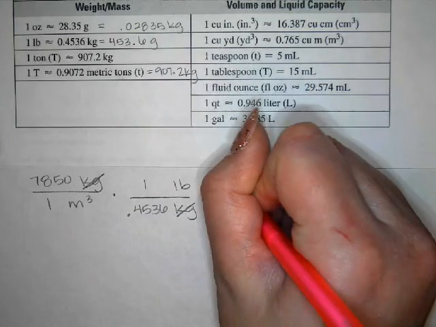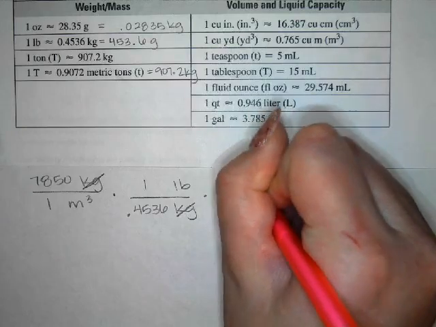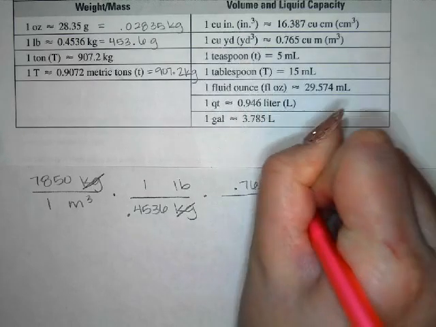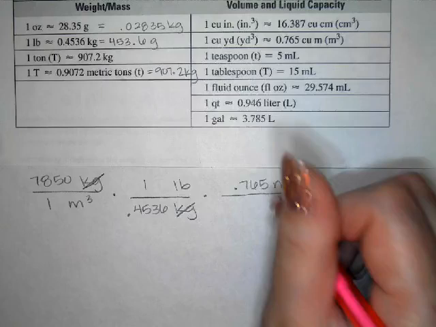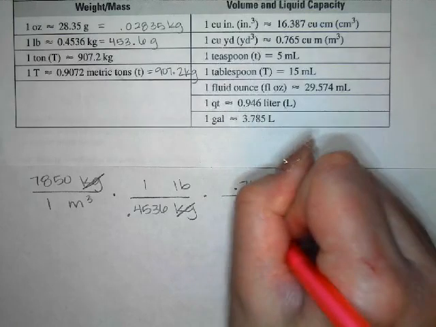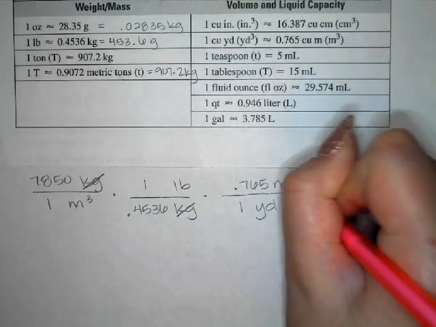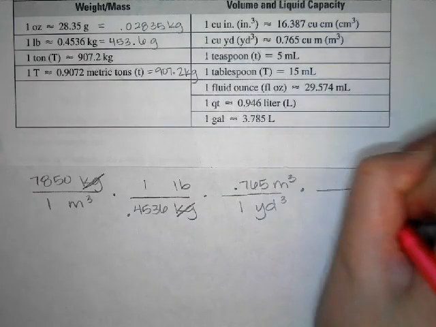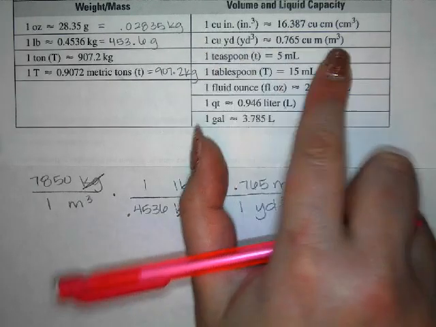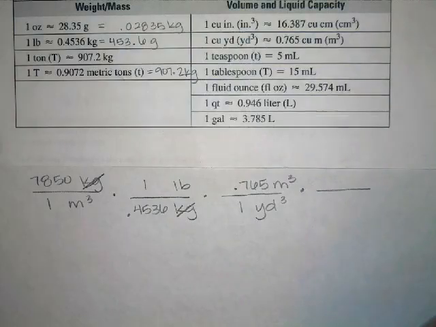And then I'm going to have to convert it from a cubic yard into a cubic foot just because I don't have that comparison. Okay, so cubic yard into a cubic foot. One cubic yard is 27 cubic feet.